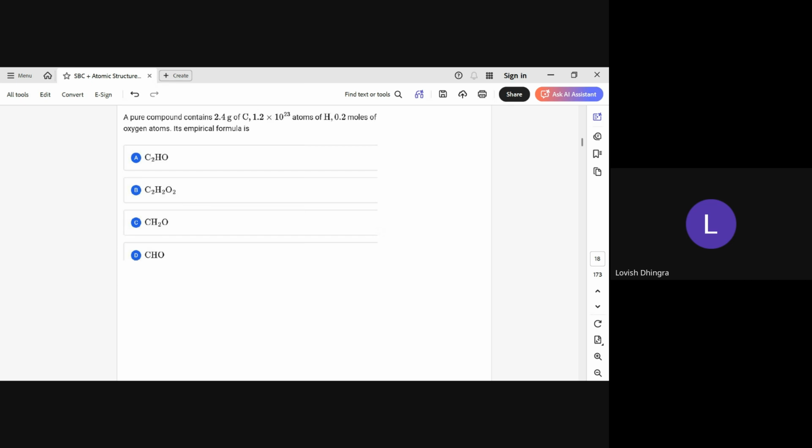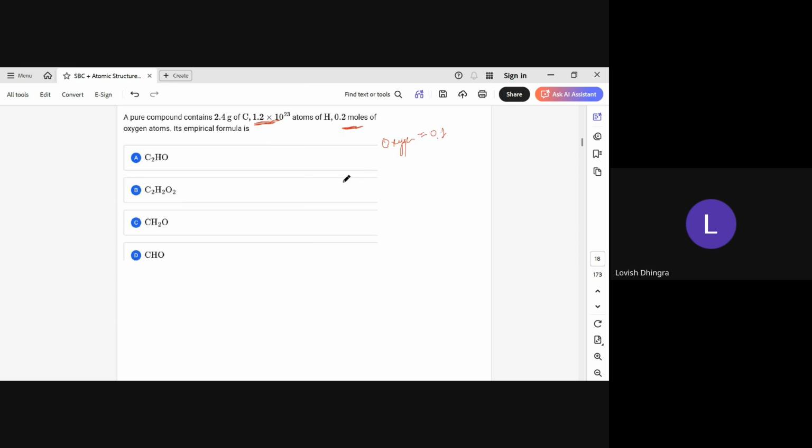So the question is, a pure compound contains 2.4 grams of carbon. Then for hydrogen, how many atoms? 1.2 into 10 raised to the power 23. And it is given 0.2 moles of oxygen atoms, right? So for oxygen, it is given to us that it is 0.2 moles.